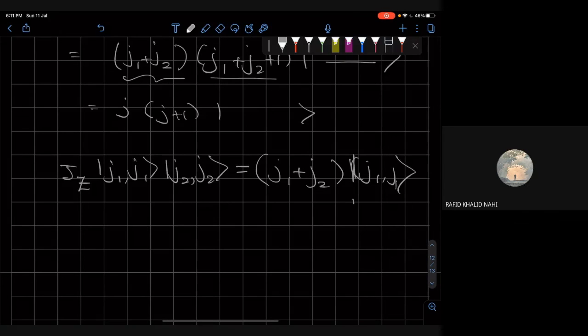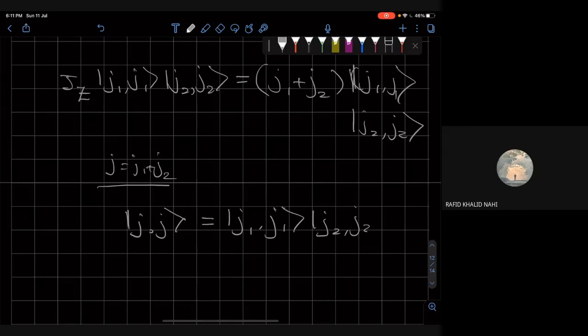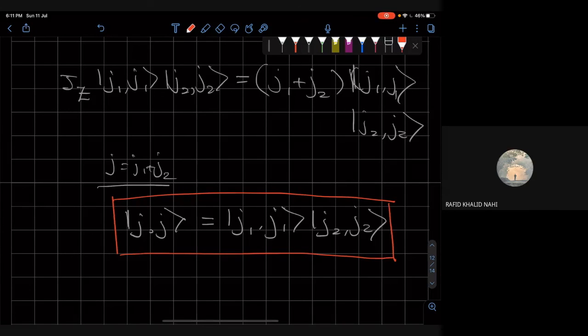And therefore, we have shown that the state Jj, when J is J1 plus J2, is given by the tensor product of J1, J1 and J2, J2. Okay? Clear? Any questions?